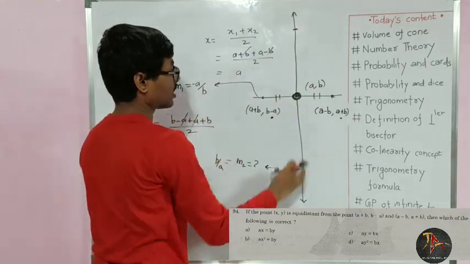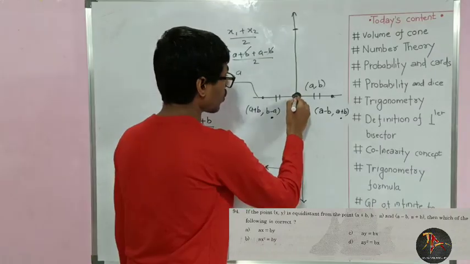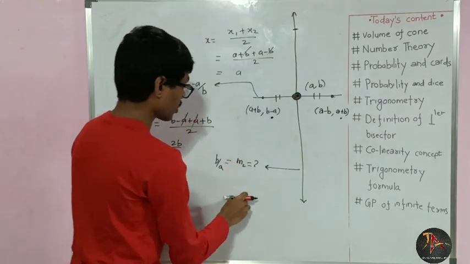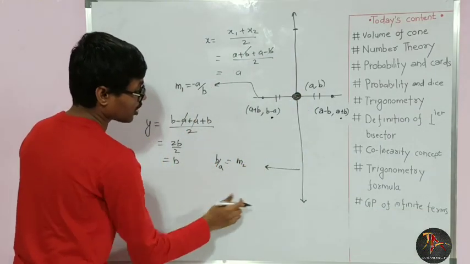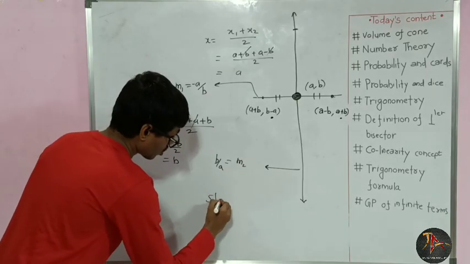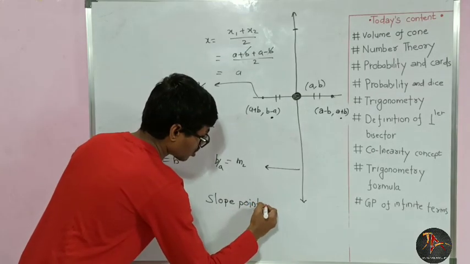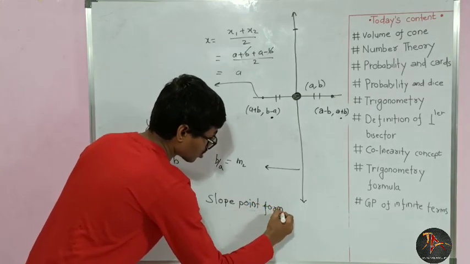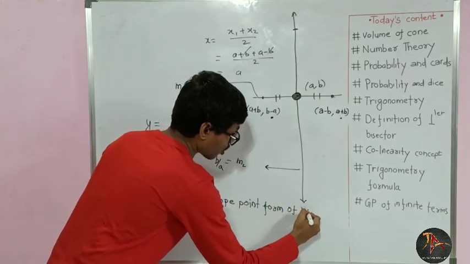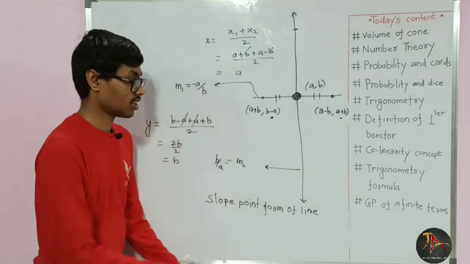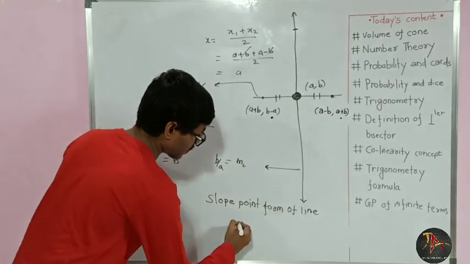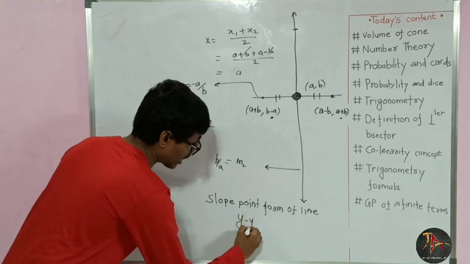Now for this line we have found one point and the slope. Now the slope-point form of a line is given by y minus y1 equals m into x minus x1.